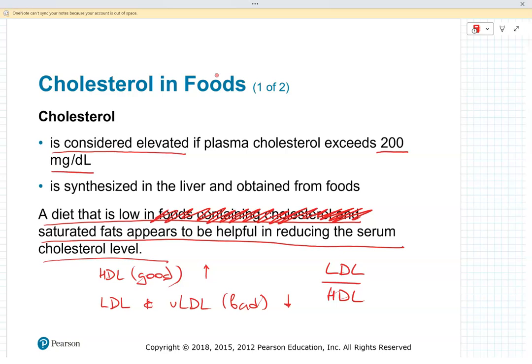You want it to be small. Am I making sense? You want a lot of HDL, not a lot of LDL. This is the ratio that you're looking for, because total cholesterol measures both of them and it's not informative. Sounds good?